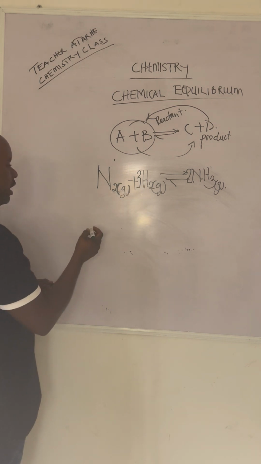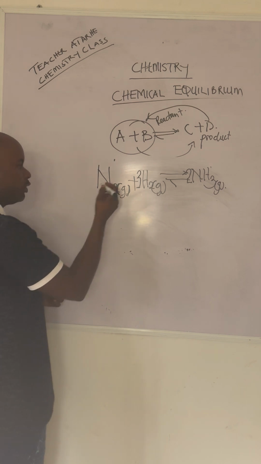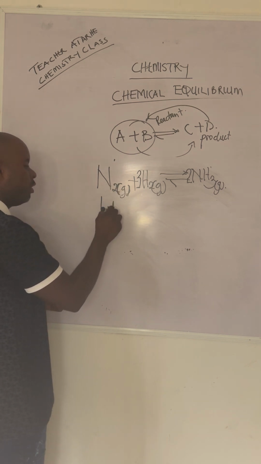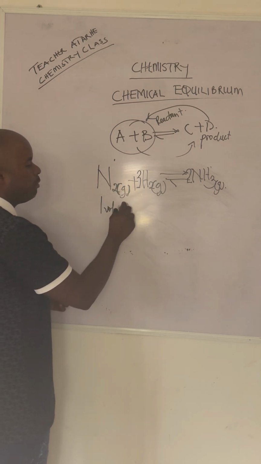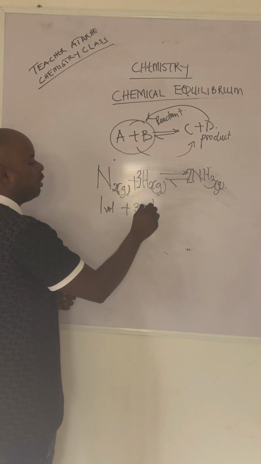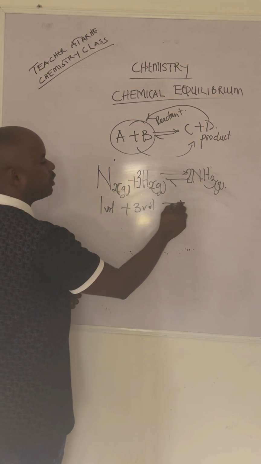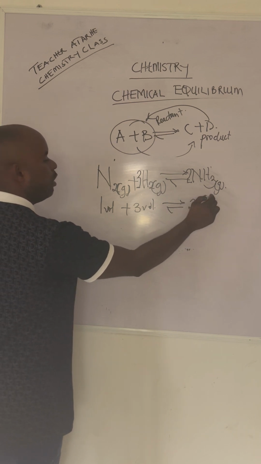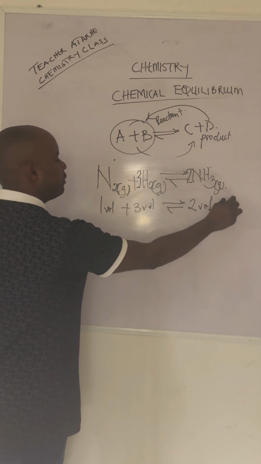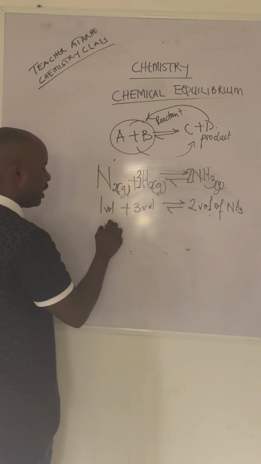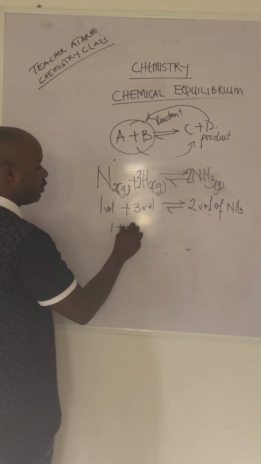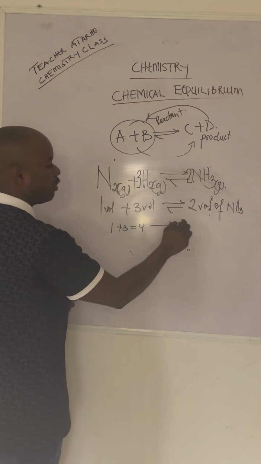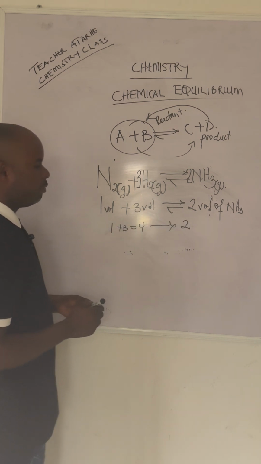That is to say, according to this equation, we have 1 mole, 1 volume of nitrogen plus 3 volumes of hydrogen to give 2 volumes of ammonia. What this means is that we have 1 plus 3 to give us 4. It produces 2 moles, 2 volumes of ammonia.